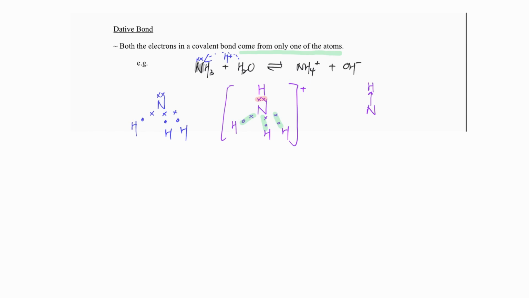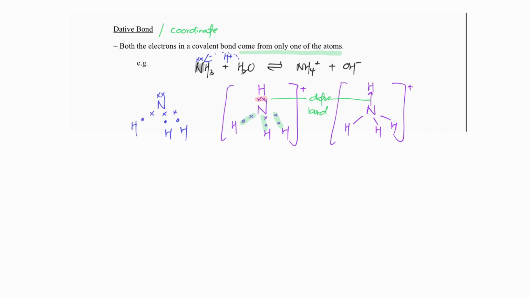For the rest of the covalent bonds, we just use a solid line. So this is the way we show the dative bond. We could also call a dative bond a coordinate bond or dative covalent bond.